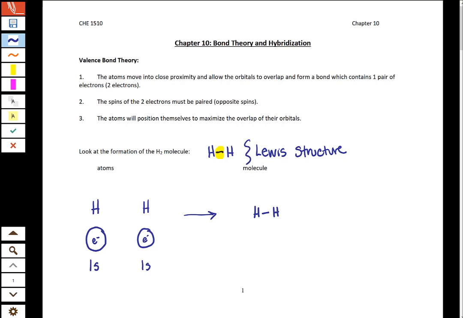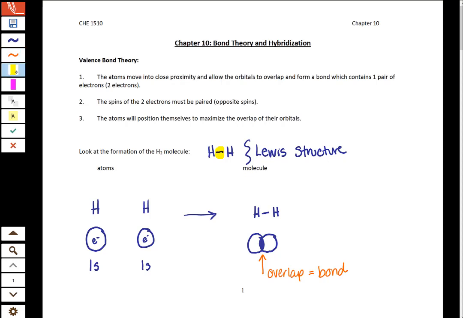And what's happening is that the 1s orbital on one hydrogen atom and the 1s orbital of the other hydrogen atom overlap like a little Venn diagram. And this part here, that overlap, that's your bond.